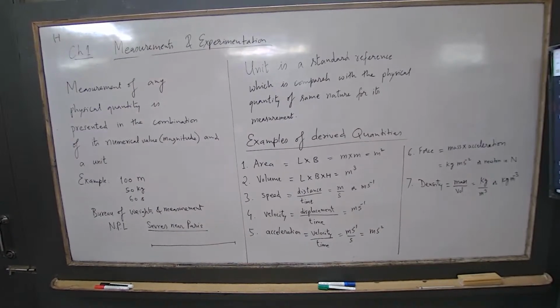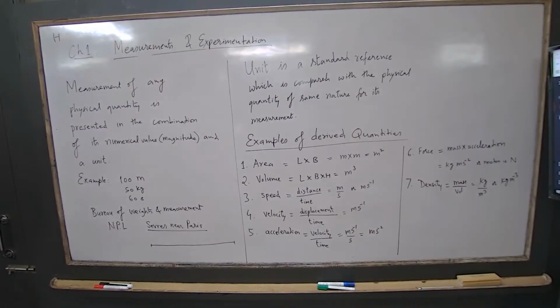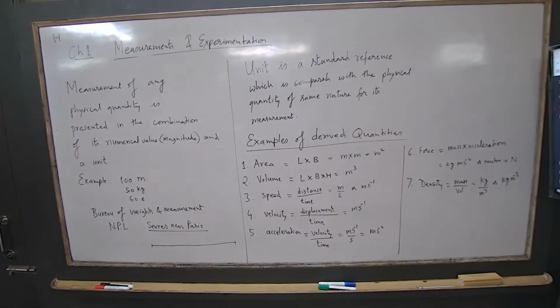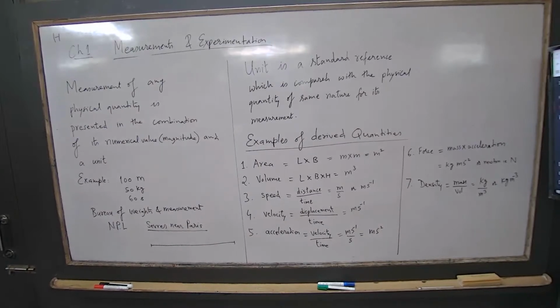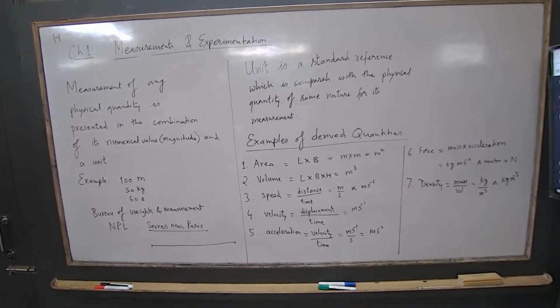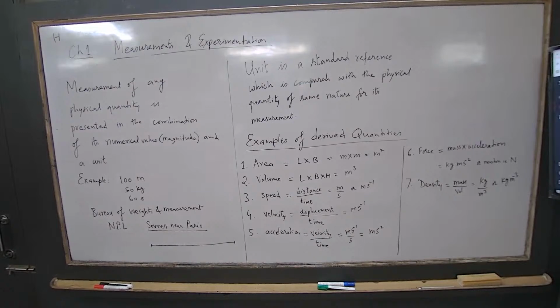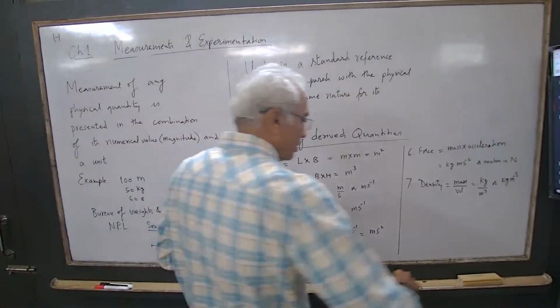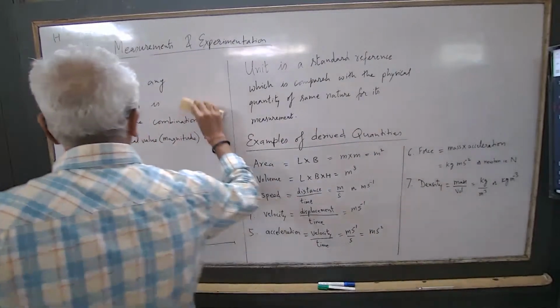Like for kilogram, we also have 100 kg, which we call quintal. If you have 1000 kg, it is a ton. When you are loading a truck, it is more convenient to express the measurement in terms of tons rather than 1 lakh kg. So it is convenience of expression. Let us see how to present large and small measurements.